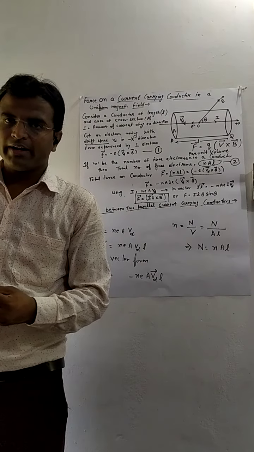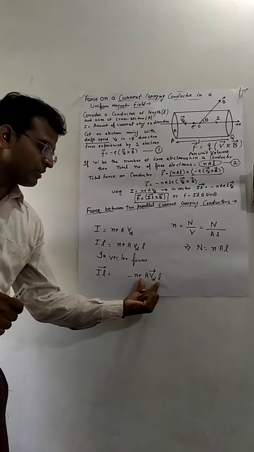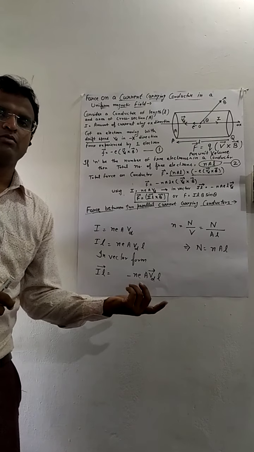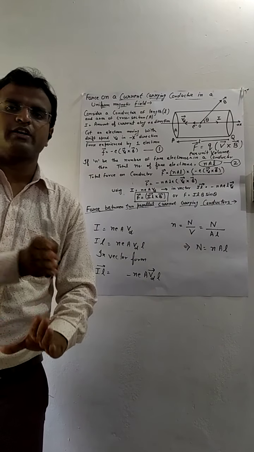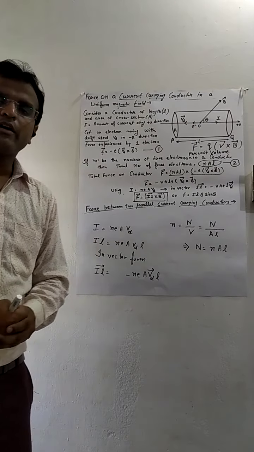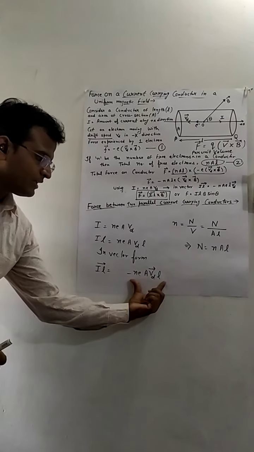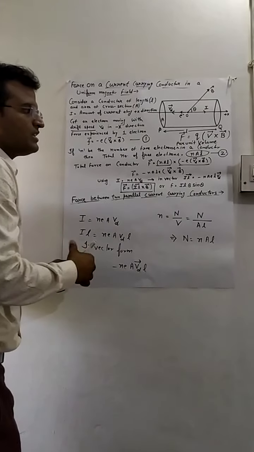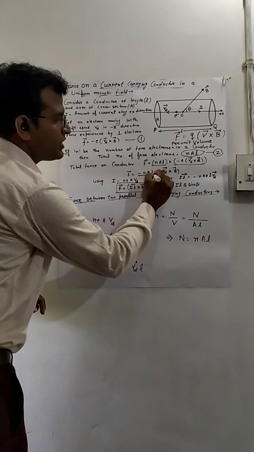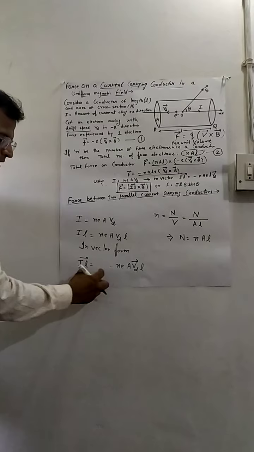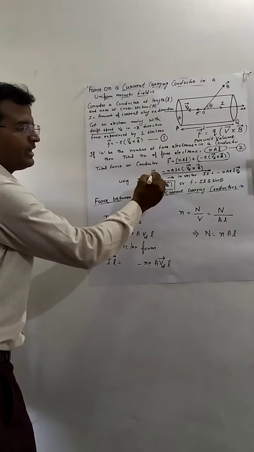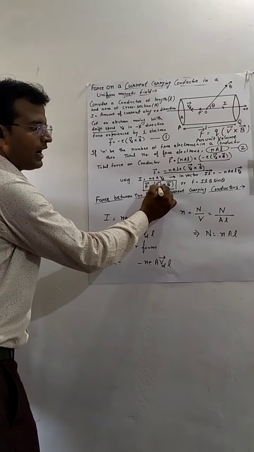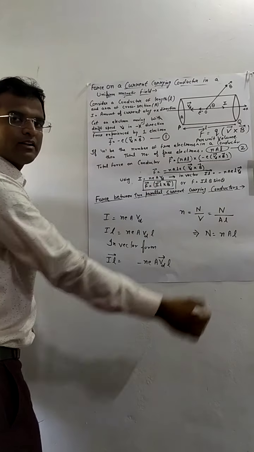The direction of velocity of the electron is opposite to the direction of flow of electric current. So this term is replaced by I L. So the formula for force is I L vector cross B vector.